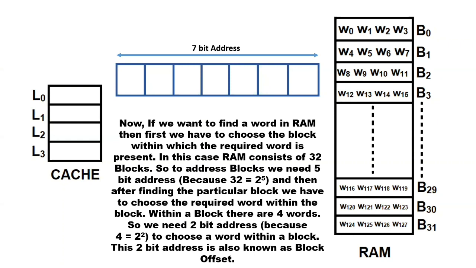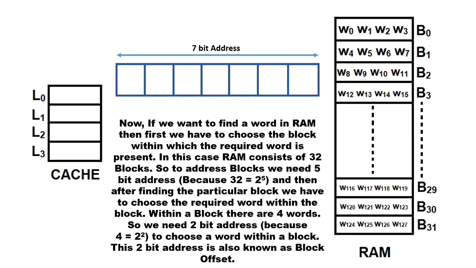So actually what happens, first the processor chooses the block inside which the required word is present. So here are B0 to B31, a total of 32 blocks. To address these 32 different blocks, we need a 5-bit address because 32 equals 2 to the power 5.